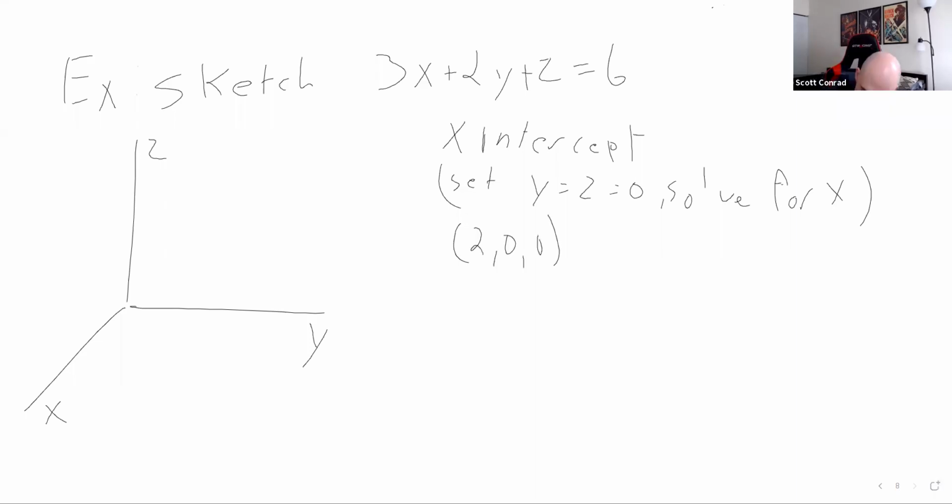So we get 2, 0, 0 is our x-intercept. Similarly, for the y-intercept, set x and z equal to 0. Doing the same thing, we get 0 plus 2y plus 0 equals 6, y equals 3. So we get 0, 3, 0.